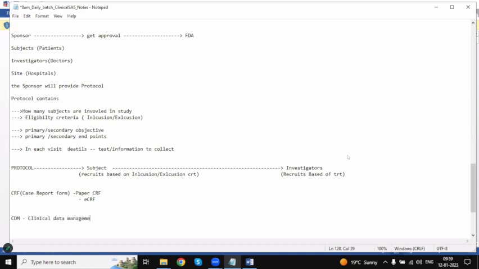In this team, there are two categories of people: data entry people and data managers.